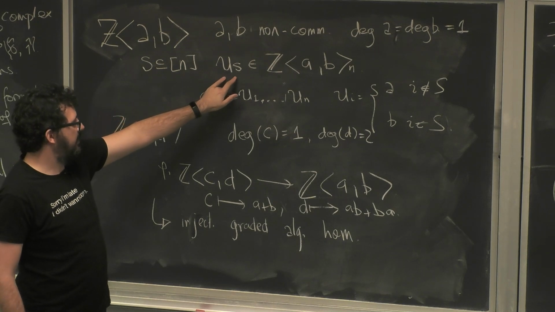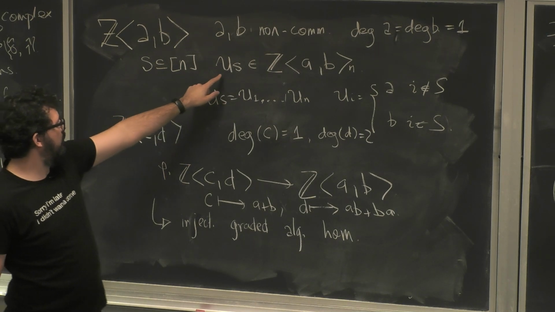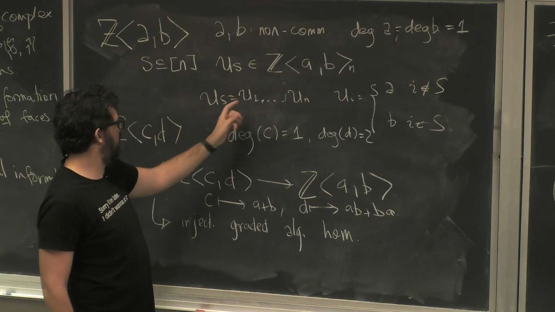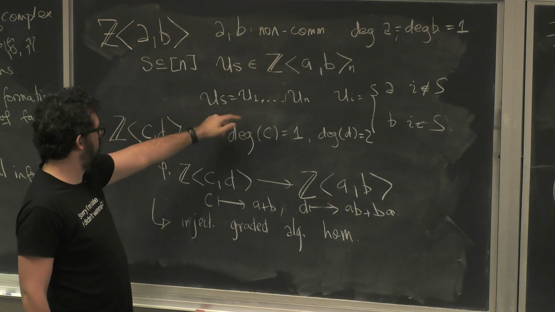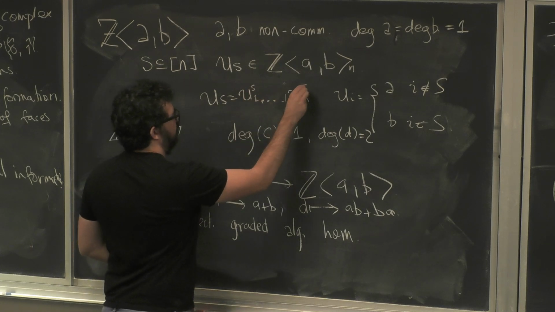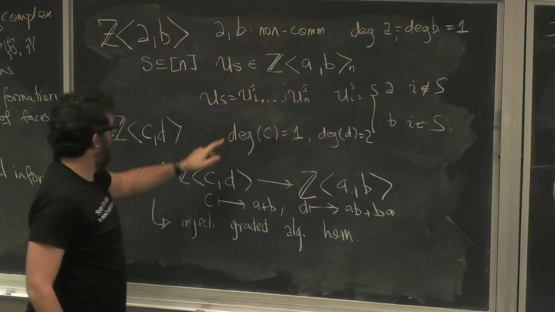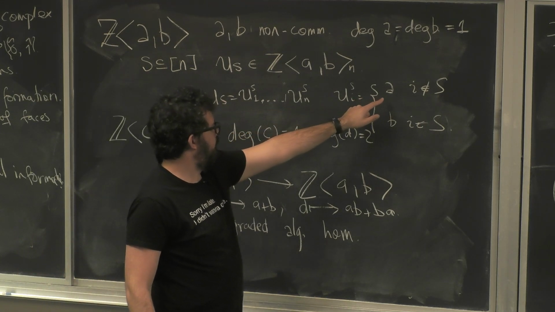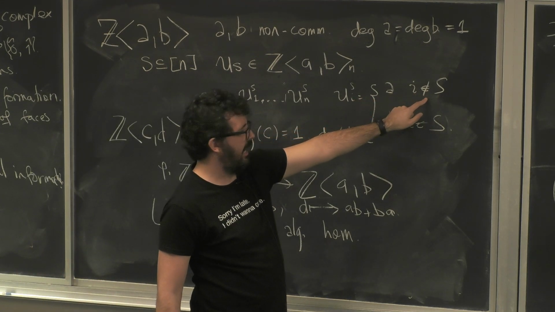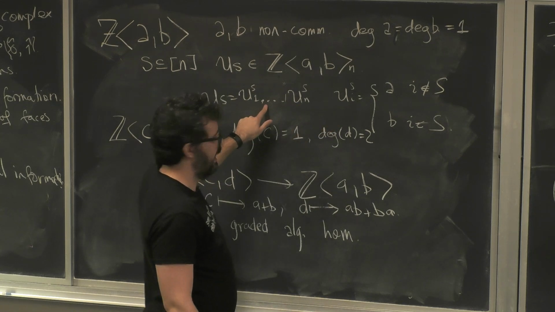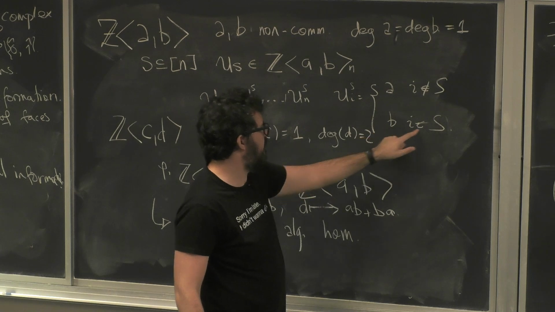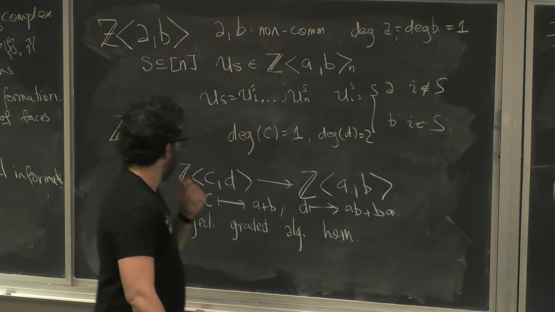It has a monomial basis, which I'm going to denote by u_S for each subset S of [n]. The way u_S works, this is slightly annoying notation, is that the i-th letter in this monomial is a if i is not in S, and it's b if it is.